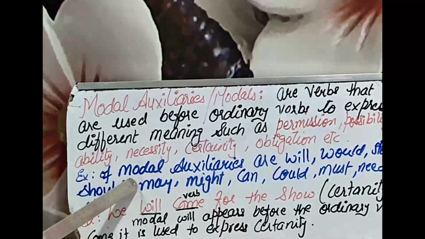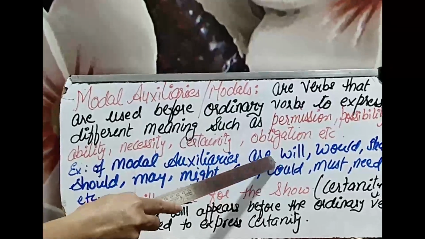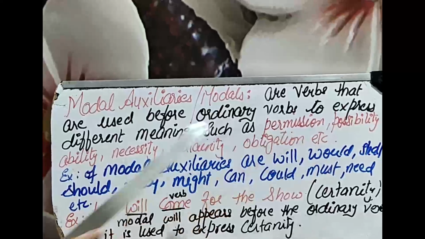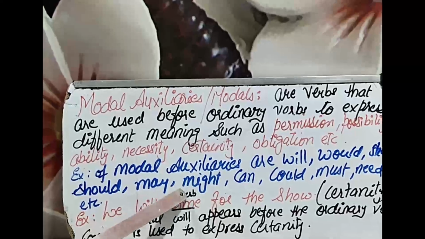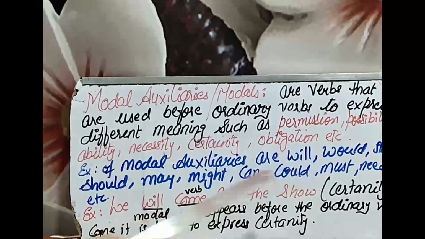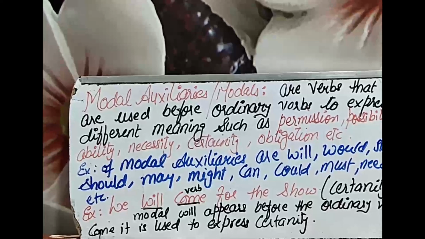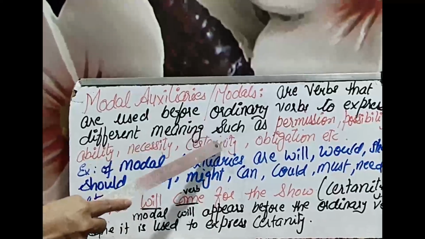Examples of modal auxiliaries are will, would, shall, should, may, might, can, could, must, need, etc. Now these are the modal auxiliaries and these are the modals.